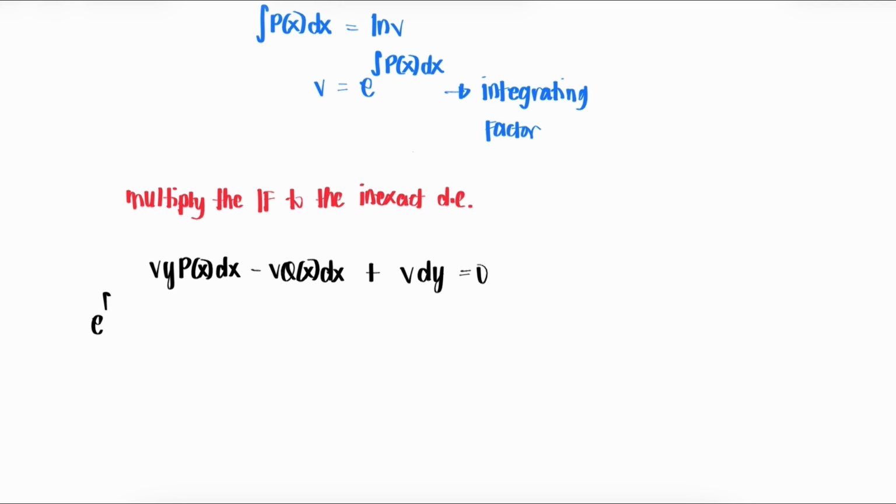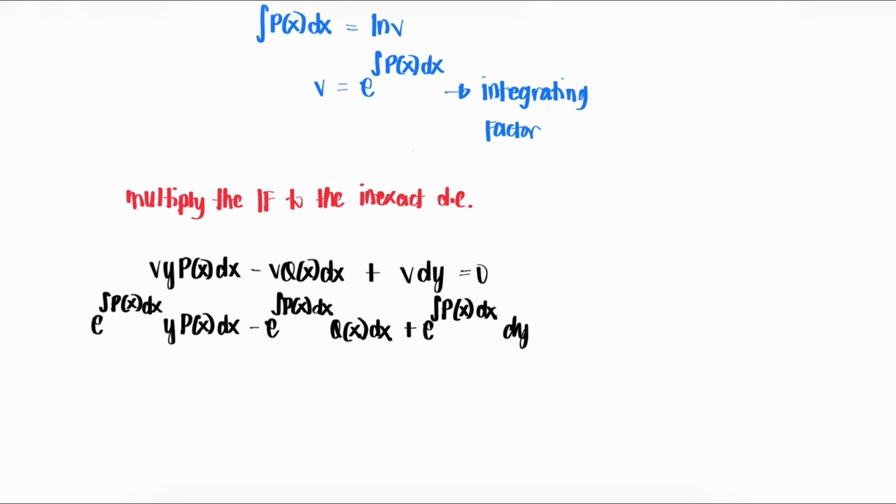So e to the integral of p of x dx y p of x dx minus e to the integral of p of x dx q of x dx plus e to the integral of p of x dx dy equals 0.